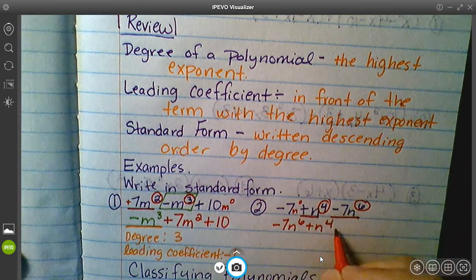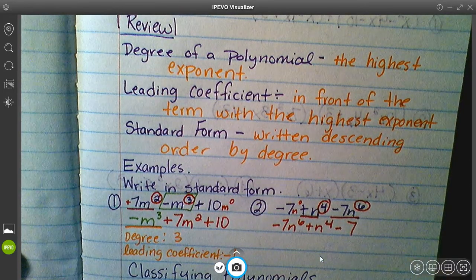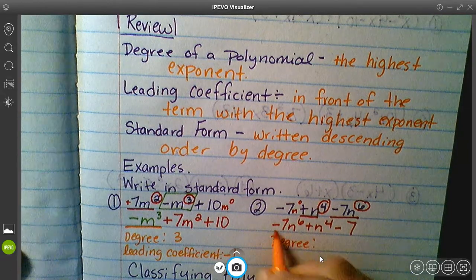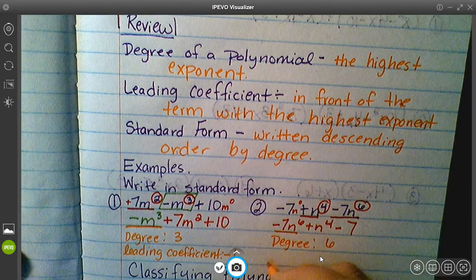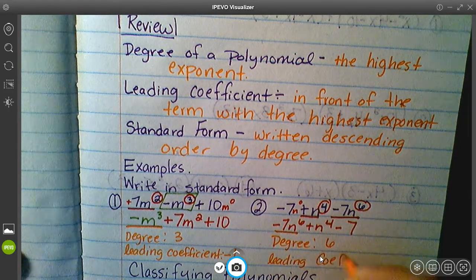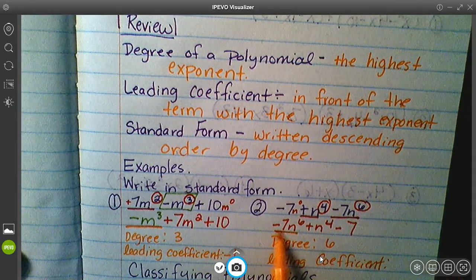And last would be minus 7. So again, if I ask you for the degree, it's in the first leading term. The degree is 6. And our leading coefficient is that negative 7.